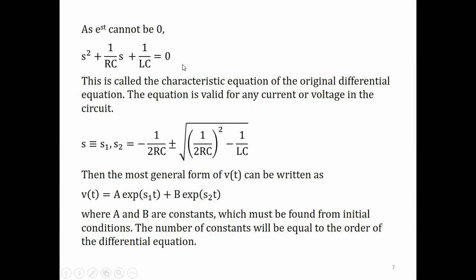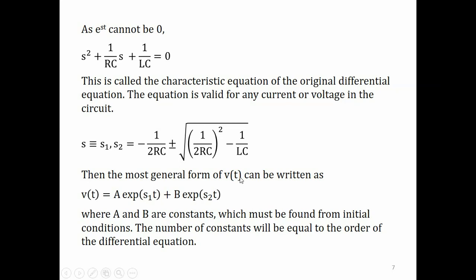Because it's a quadratic, we know the solution of this quadratic. We write the solution as minus b plus minus square root b squared minus 4ac divided by 2. I've taken the 2 up, and this is the form we'll get. So we get two values of s. How do we write V of t then?